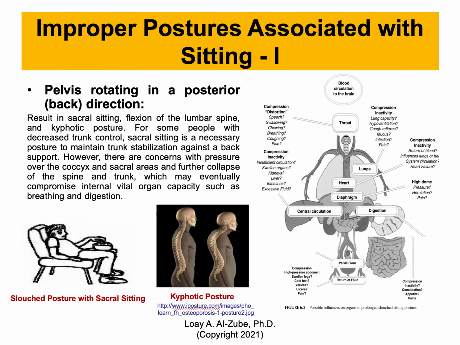And if you look at the image here to the right, it lays out all the medical conditions that could arise because of such a posture. So you can go through them.